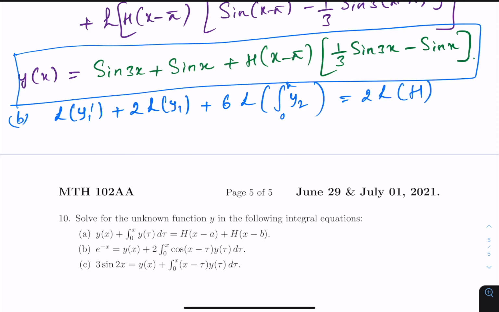But if you are in the positive real line anyway, then this Heaviside function is the constant function 1.